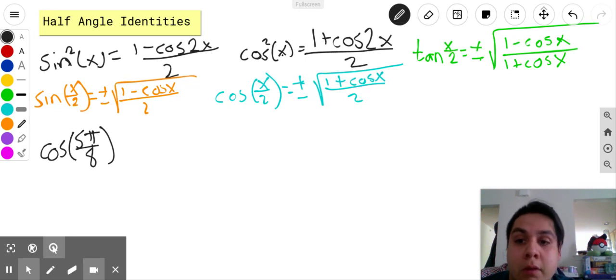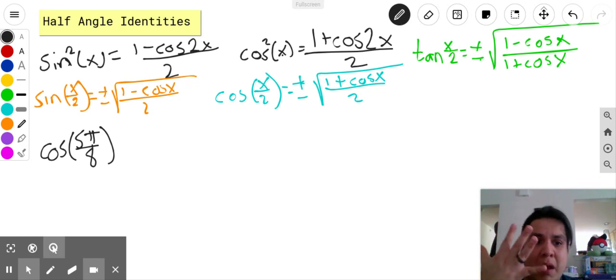The first thing is I see I have 5 pi over 8 as the given angle. The issue is that's not one of my reference angles or even a principal angle that I can work with.